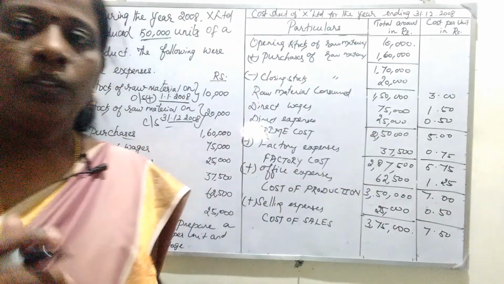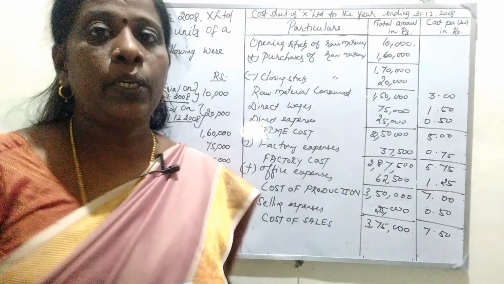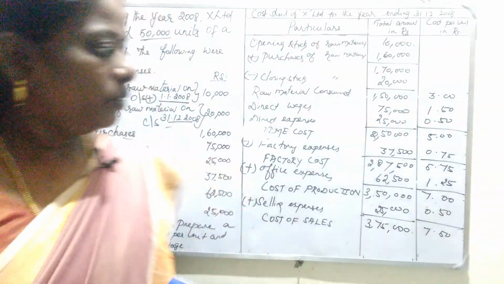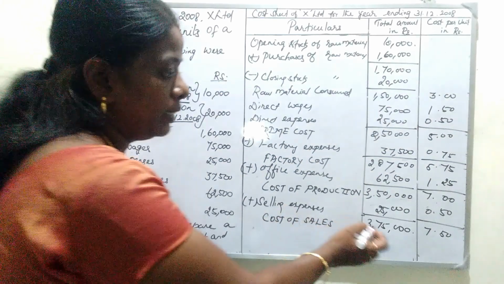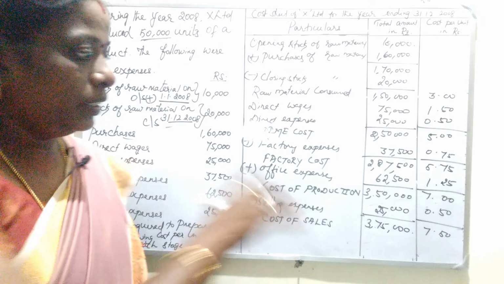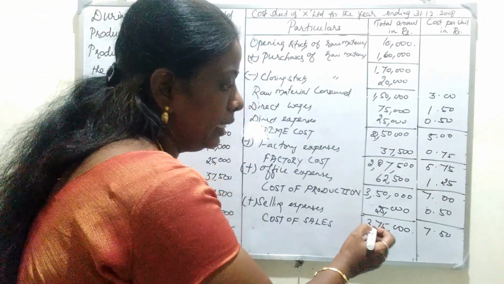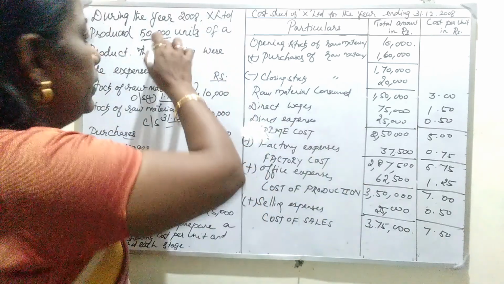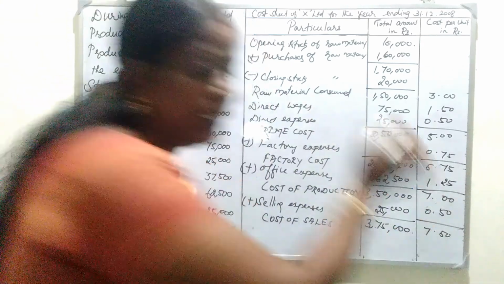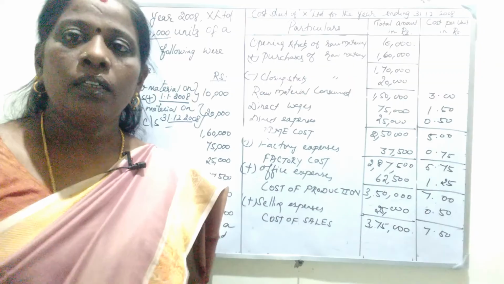So this is the method to find the cost per unit value in the cost sheet. At last, the cost of sales is 3,75,000, the total cost of the sales. If we divide this 3,75,000 by the 50,000 units, we will find the same answer, 7 rupees 50 paise. Okay, students, got it?